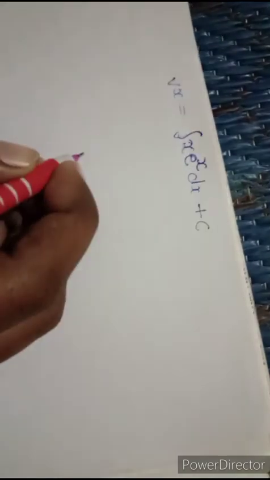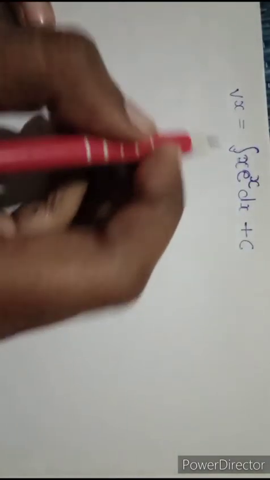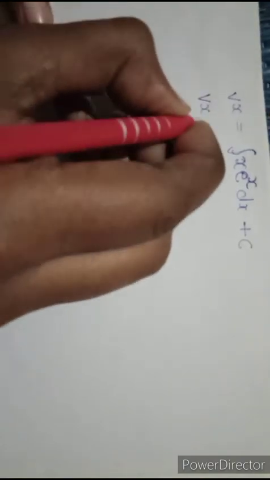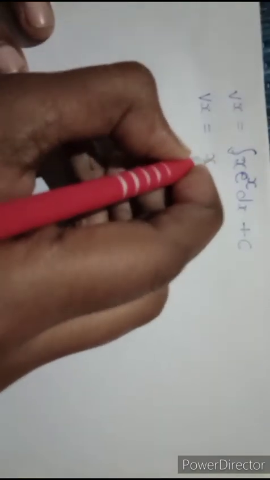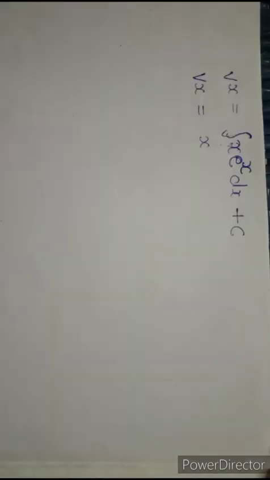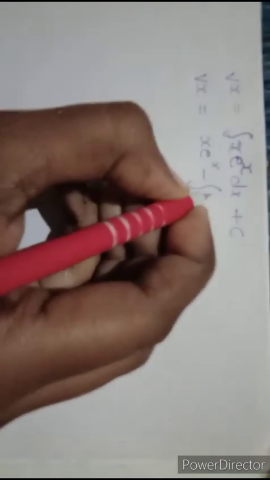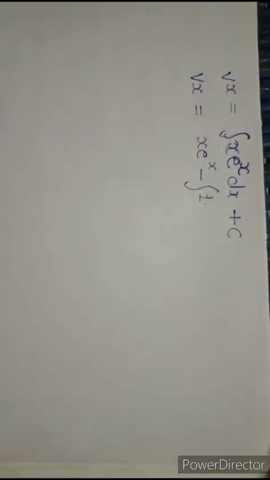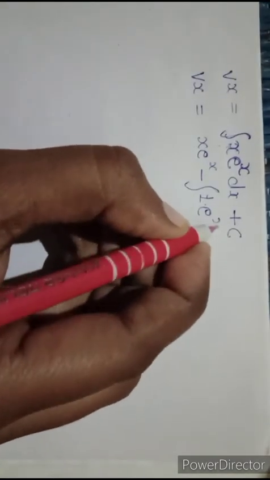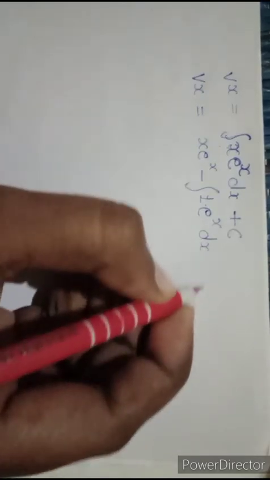Now we will apply the product rule of integration for two functions. So vx is equal to the first function as it is, times the integration of the second function, which gives e^x, minus the integral of the differentiation of the first function, that is 1, into e^x dx, plus the integrating constant c.